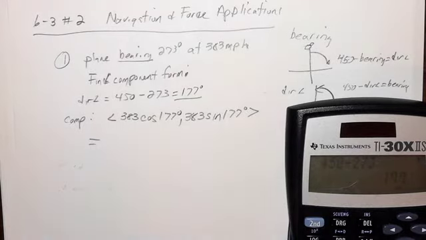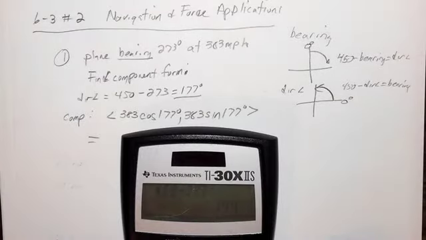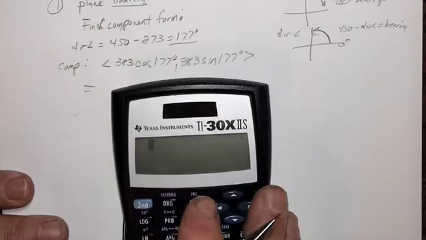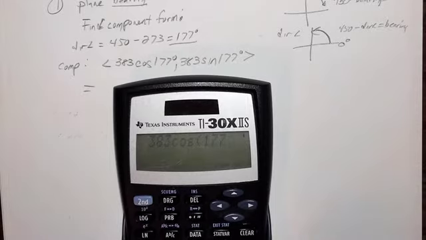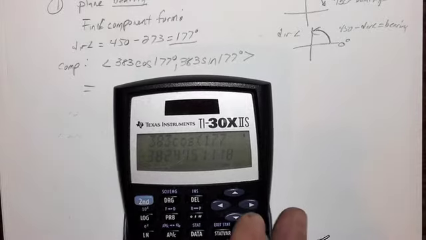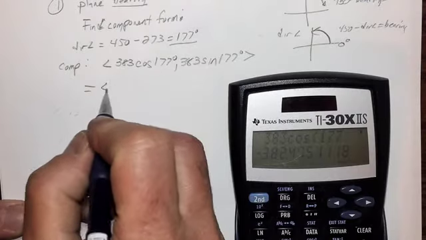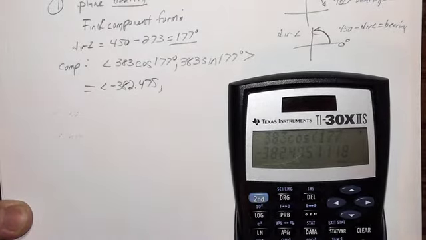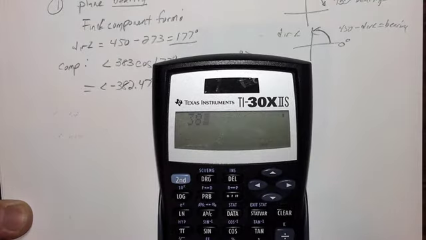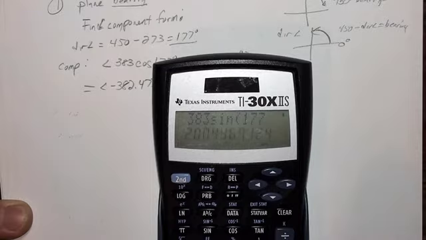Then you just work that out. 383 cosine of 177, and I get negative 382.475, and 383 sine of 177, and I get 20.045.